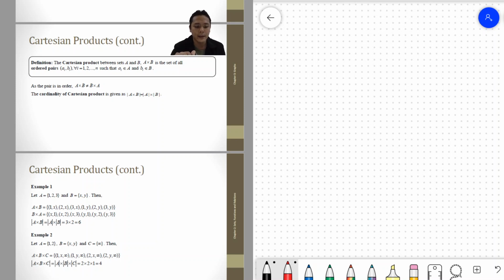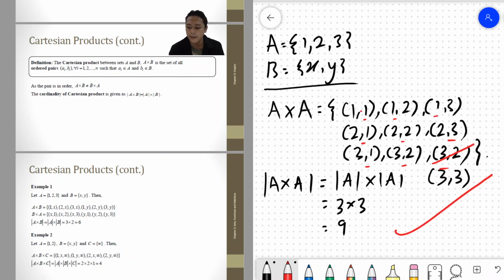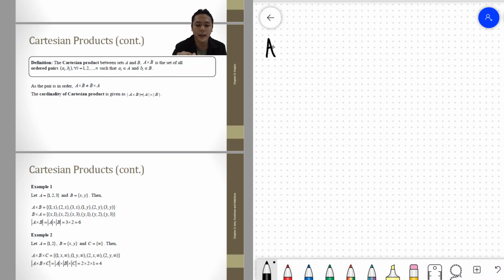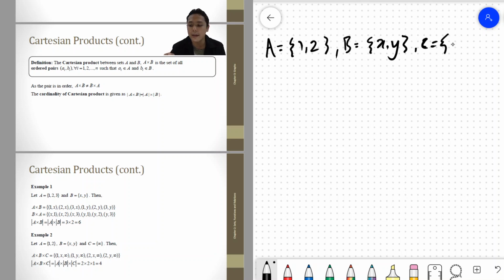The solution given here: A equals {1, 2}, B is {X, Y}, and C is given only by one element, which is the infinity symbol. The solution given in the slide is A times B times C, and yes, that's the answer. You should have 4 distinct ordered triplets because 2 times 2 times 1 is equivalent to 4.